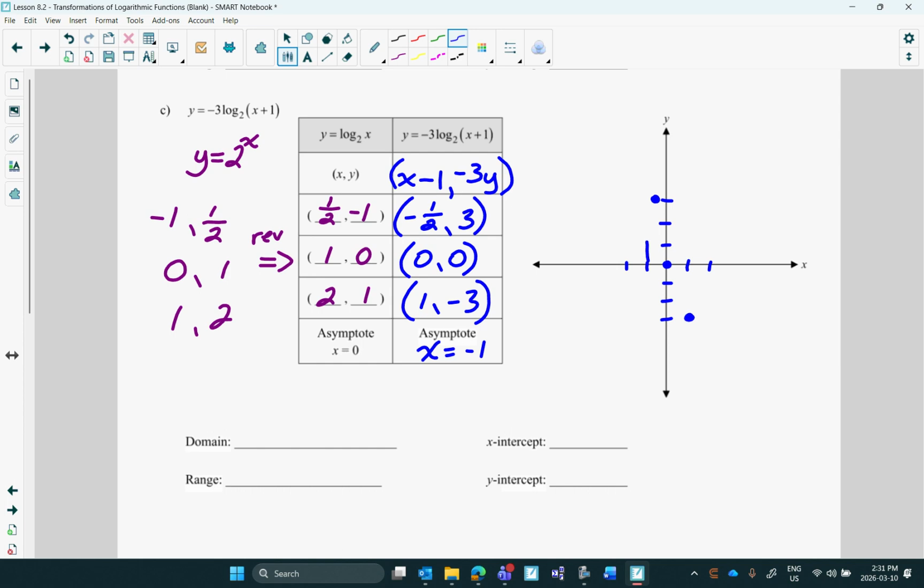And we've also got our vertical asymptote here. So notice it's going to go like this, because remember, the original log goes like this, but we're flipping it upside down and stretching it.